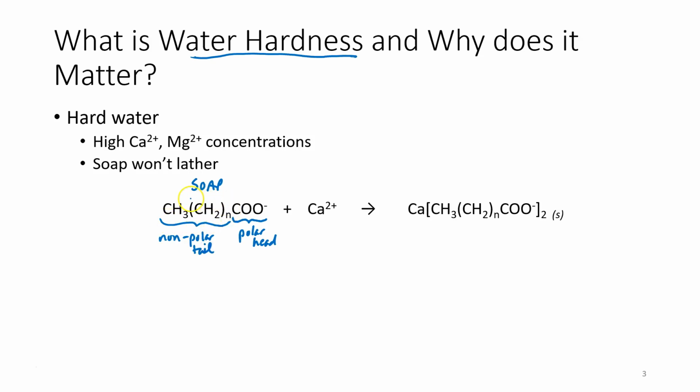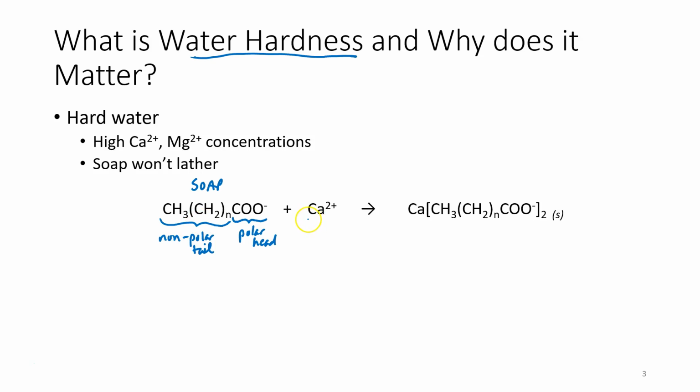So this alkane could be anywhere from, say, 10 to 18 carbons long, making it non-polar. And why is this substance such a good soap? Well, the polar head group makes it soluble in water, and the non-polar tail does a really good job of carrying away oil and grease and other non-polar dirt out of the water.